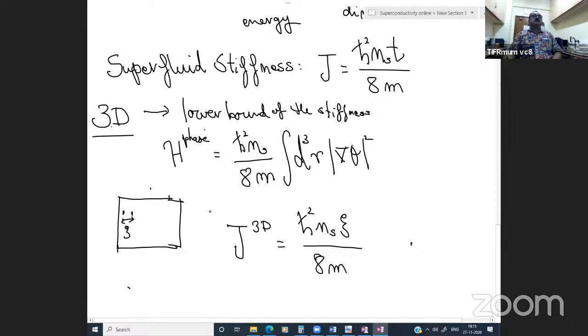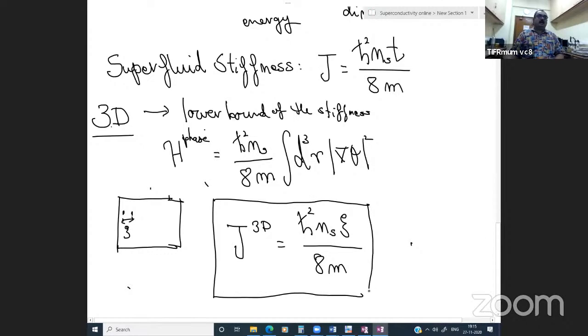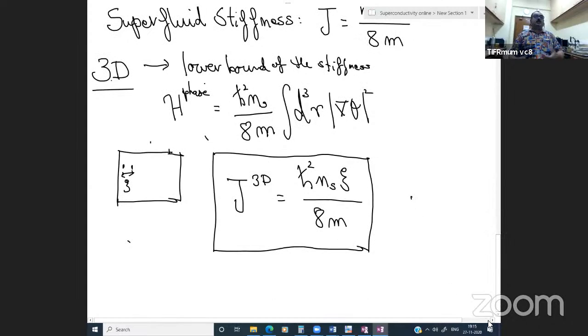This is the definition of the superfluid stiffness in 3D. Very good. This is the definition, but now I have to get some numbers, because I need to understand why BCS theory works.